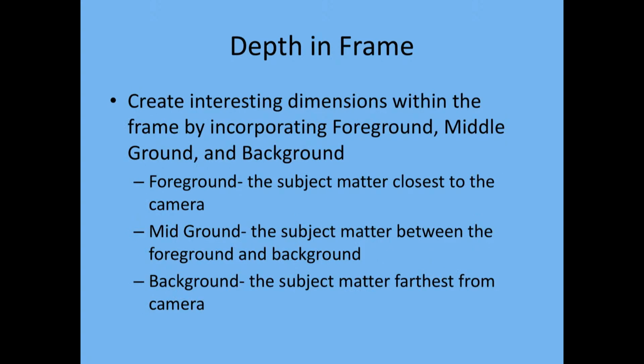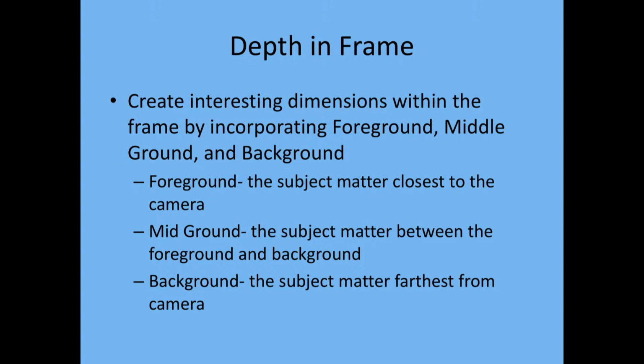Okay, depth in frame. Create interesting dimensions within the frame by incorporating foreground, middle ground, and background. What does that mean? Well, we don't want these two-dimensional images. You'll see this when people first start out. They'll put their subject matter right next to a wall, and what it does is it flattens the image and it looks like a picture, even though it's video.